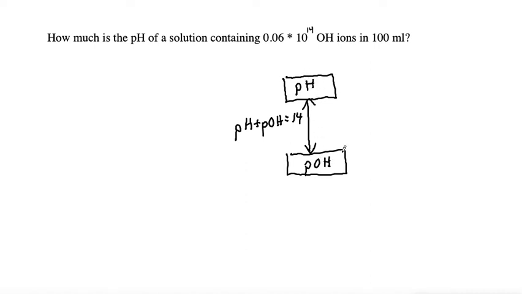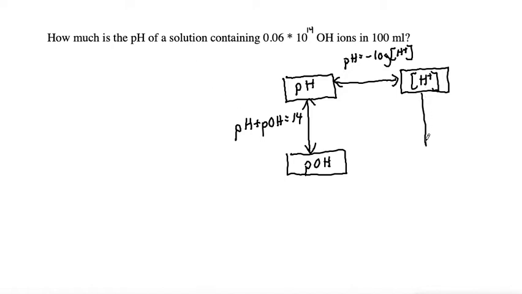If we know pH, we can get to pOH as well. Another relationship that we know is the relationship between pH and H⁺ concentration, which is that pH is equal to the negative log of the H⁺ concentration in molarity.